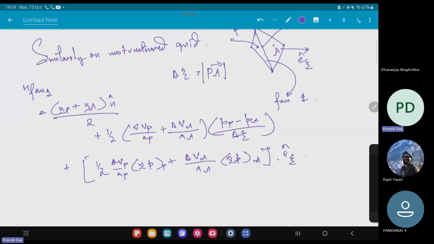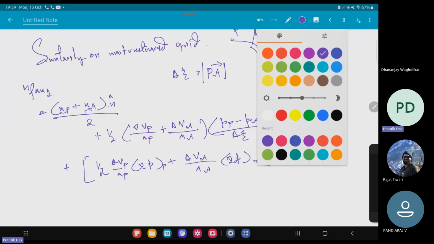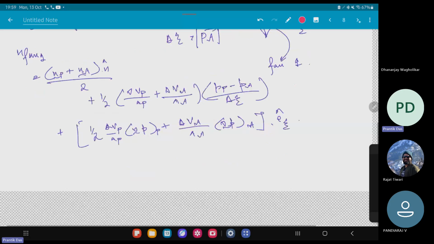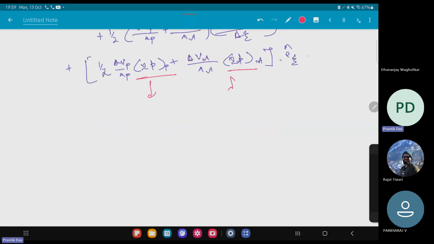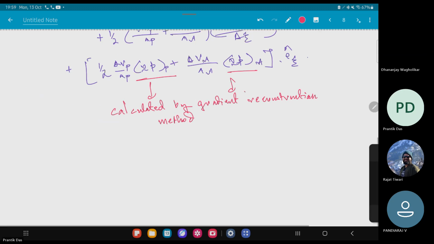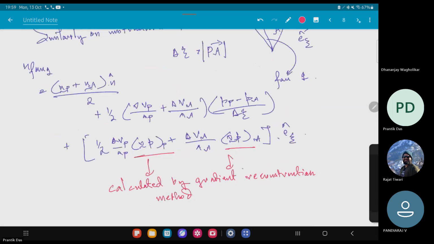So this gradient operation is basically calculated by using gradient reconstruction method. Typically you get an option in the solver itself to choose how to calculate the gradient. So that's how you can actually apply this Rhie and Chow interpolation for the unstructured grid itself alongside the structured grid.